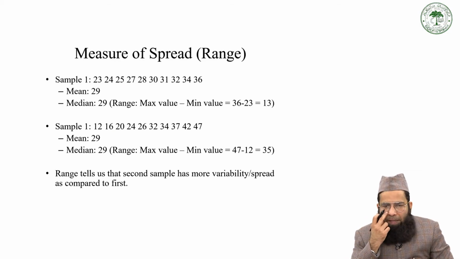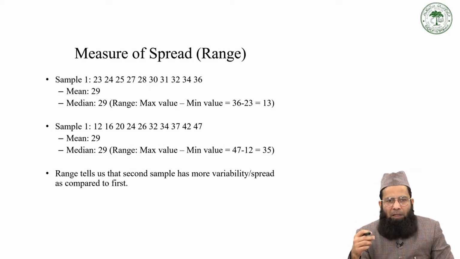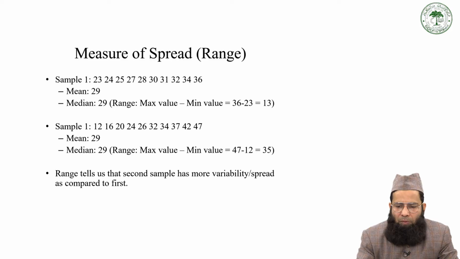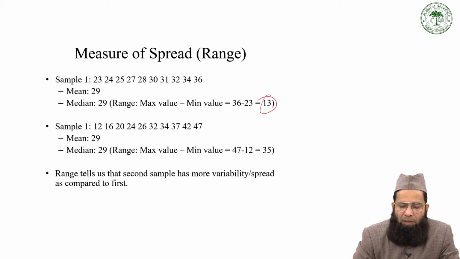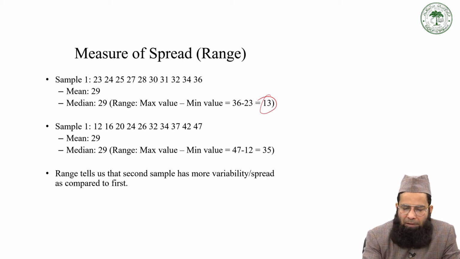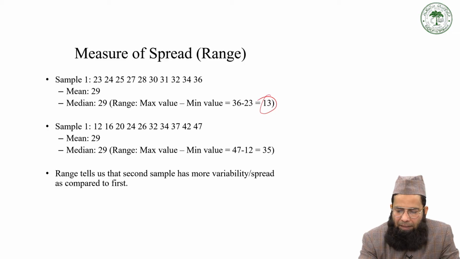For measuring spread, there is a concept called range. How to calculate the range? Just the maximum value minus the minimum value, which is 13 in the very first list. In the second case, the range is 35.